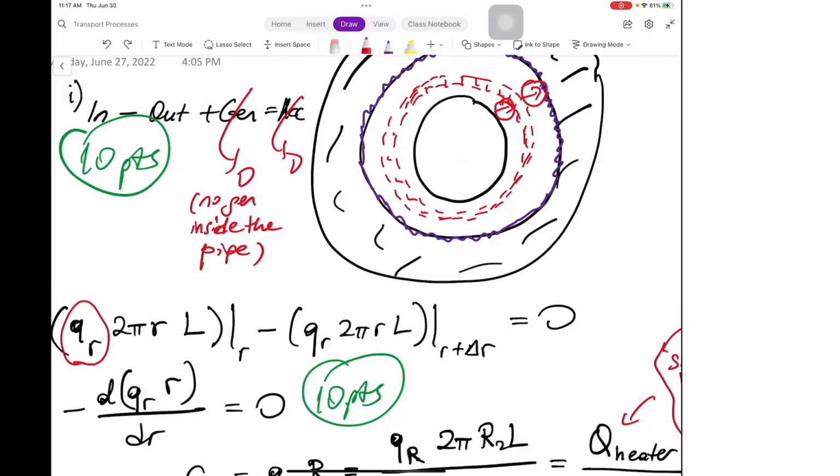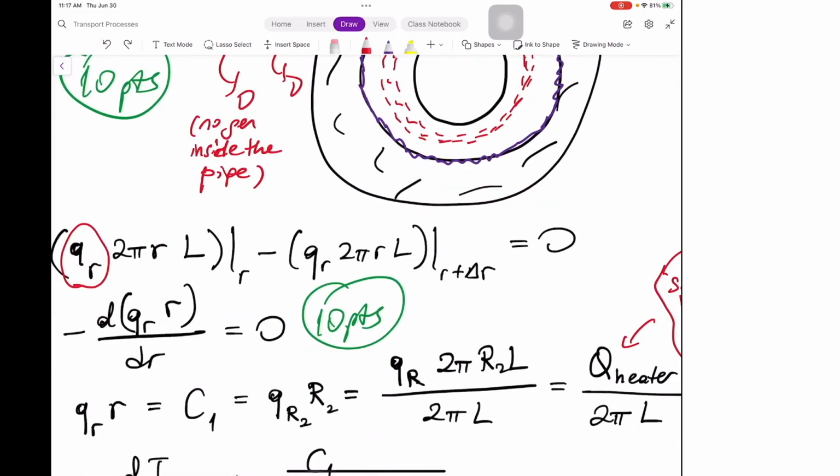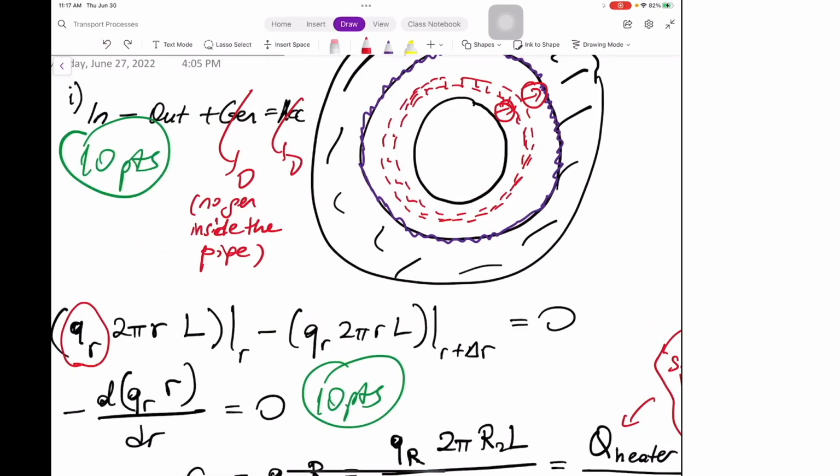Okay. Just a quick question. Sure. On the quiz, I don't think there was a letter L that was given. Yeah, and you're not going to need it. If there's a number that's not given, you can call it any quantity you like. You can call it A, L, whatever.